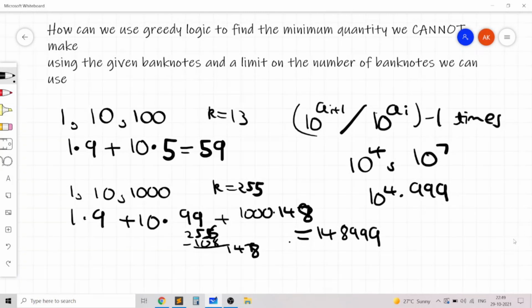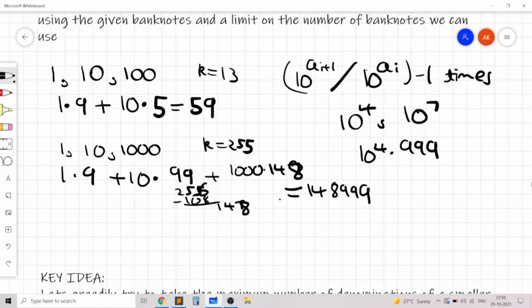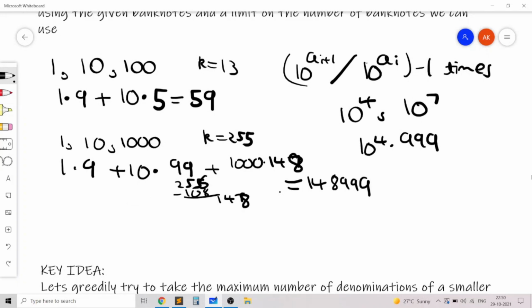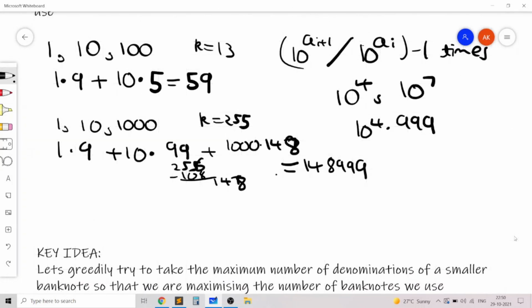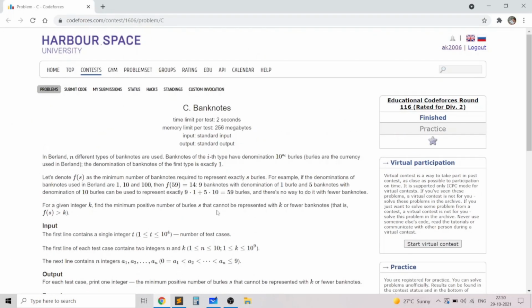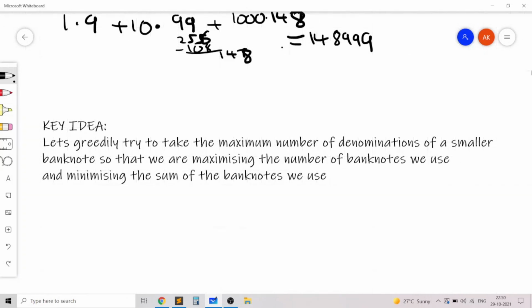So in general, what we are essentially trying to do is take the maximum number of occurrences of a smaller banknote, correct? We are always trying to maximize the number of small banknotes we use, because we want to maximize the number of banknotes and minimize the sum of the banknotes, since the sum of the banknotes gives us the quantity S, and we want to minimize S. That's the greedy strategy.